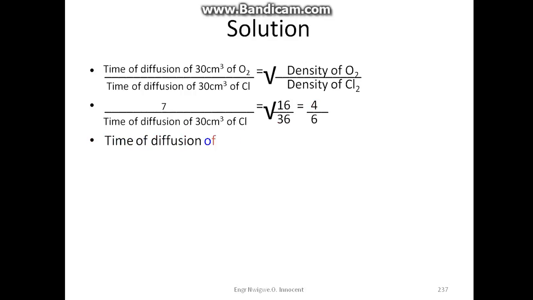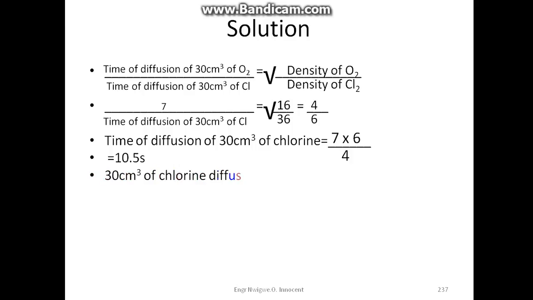Time of diffusion of 30 cm³ of chlorine will now be equal to 7 times 6 divided by 4, which gives us 10.5 seconds. 30 cm³ of chlorine diffuses in 10.5 seconds.